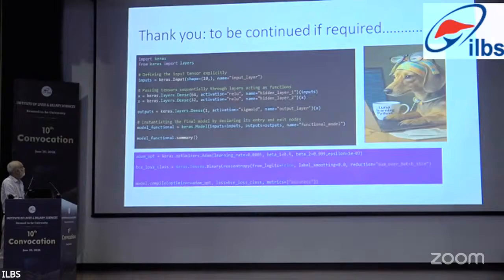This is hidden layer 1, this is hidden layer 2. Output, again, is the number of neurons and what kind of activation you need. And these are the compilation steps. We need to define the optimizer, define the loss class, and put into the model the optimizer, loss, and metrics. And thank you very much.